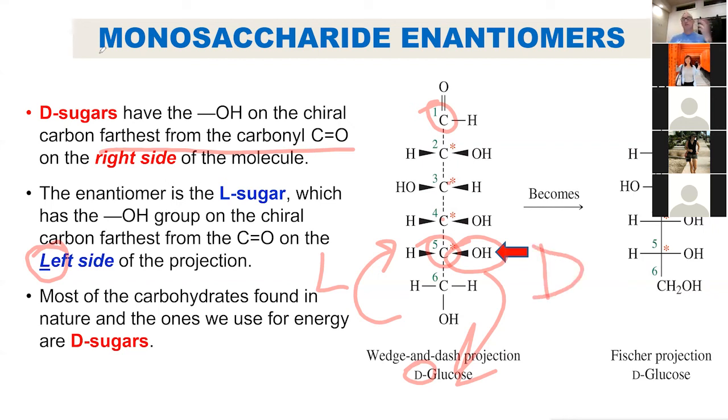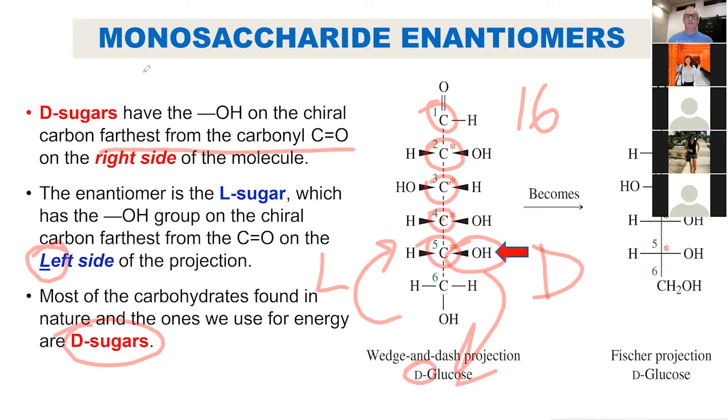Most of the carbohydrates found in nature, and all the ones that we break down in our body, are D sugars. Remember, this is only one of the 16 possible stereoisomers of glucose, because we're not even considering carbon 2 or carbon 3 or carbon 4. We're just considering the two positions on carbon 5. That makes D-glucose.